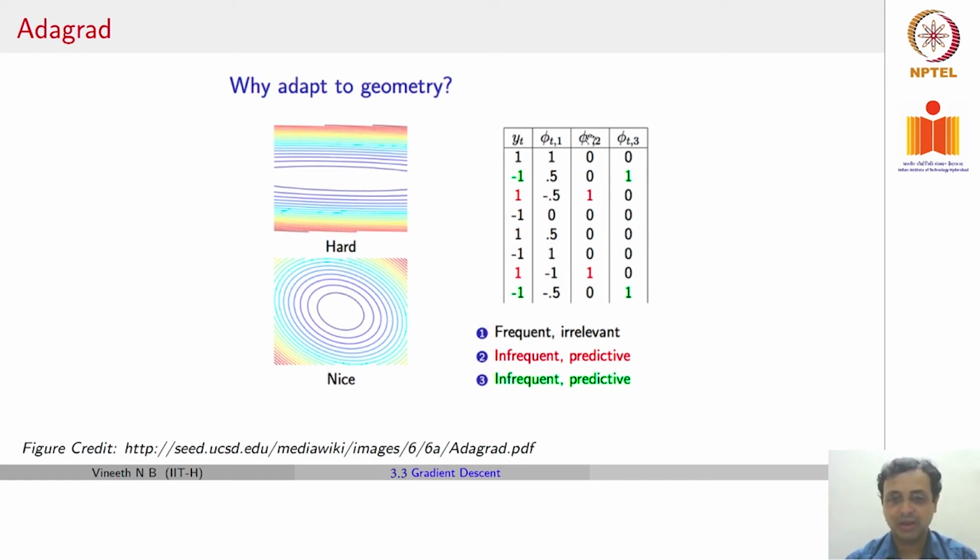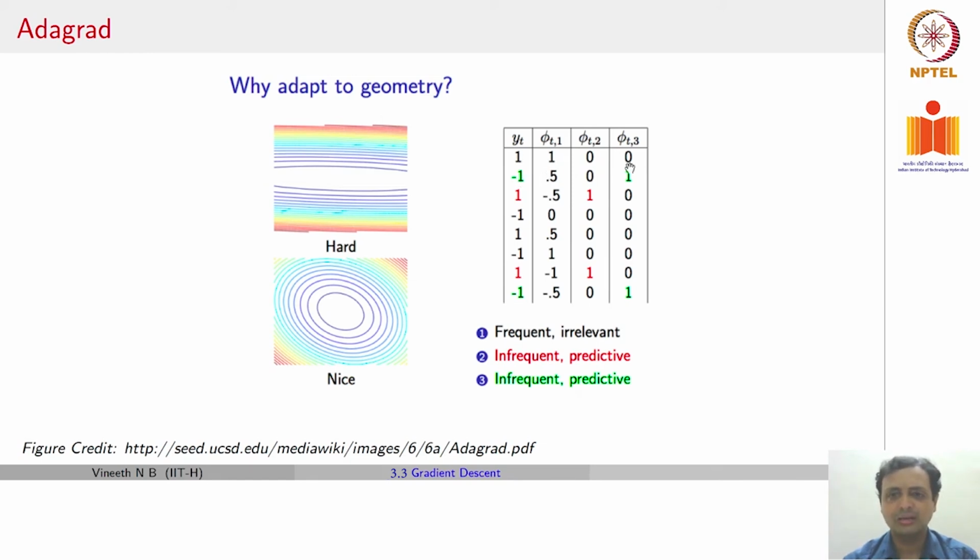So you can see in phi t2, it doesn't matter here as to what these quantities are, and this is only an example. When phi t2 becomes 1, yt definitely becomes 1. It doesn't matter when it's 0, but when it is 1, the output is definitely 1. Similarly for phi t3, you see that when it's 1, the output is definitely minus 1.